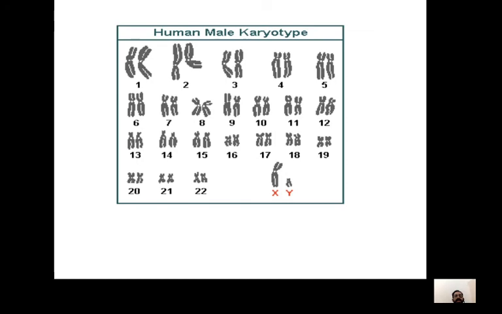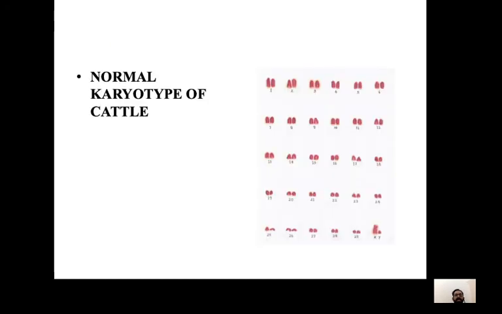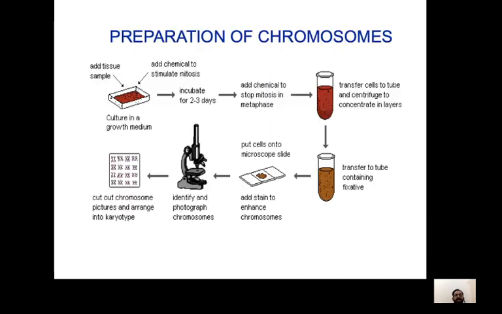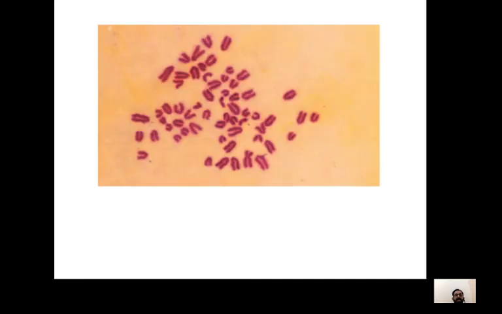Okay, the previous slide, this one. This is what we see exactly under the microscope, and from these different shapes we have to identify the chromosomes by number.